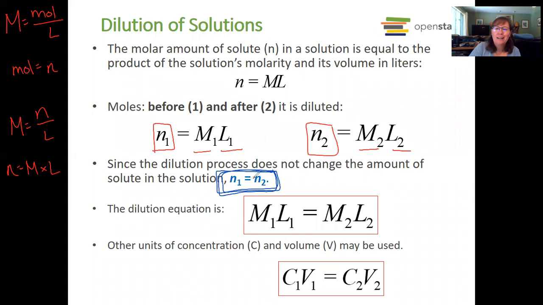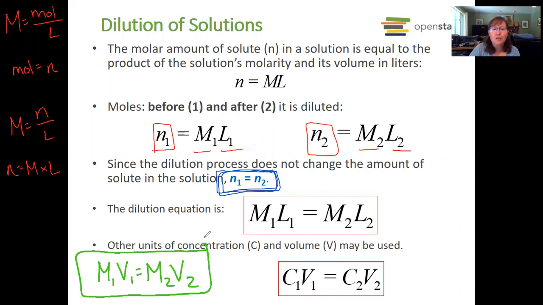So we have N1 equal to N2, moles before, moles after. That means that we can do M1 L1 is equal to M2 L2. Sometimes people will write C1 V1 is equal to C2 V2, where C is concentration. The most common thing that I have seen is M1 V1 equal to M2 V2.